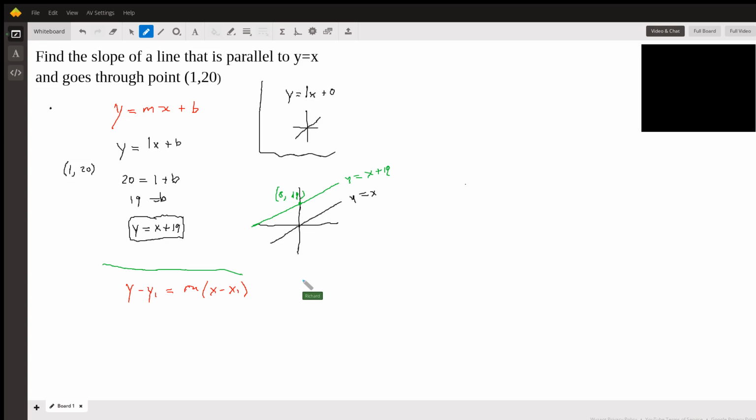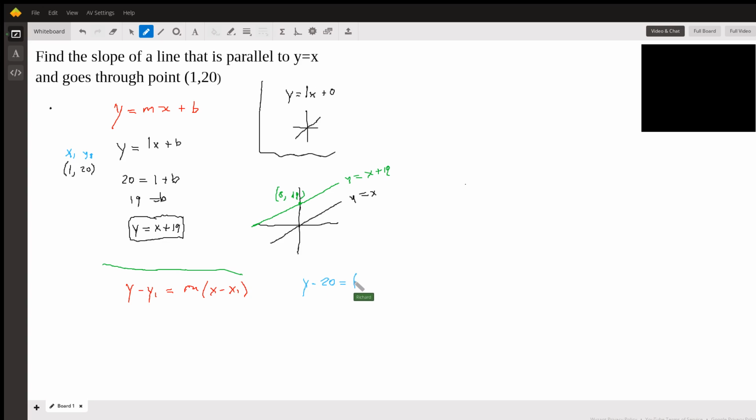So our point is (1, 20), so it's going to be y. By the way, this is x1 here, and this is y1 here. That's supposed to be a 1, not a comma. So y minus 20 is equal to m, which is 1.